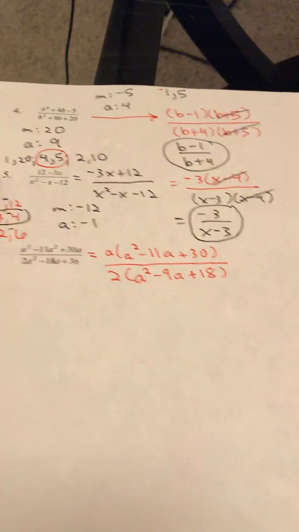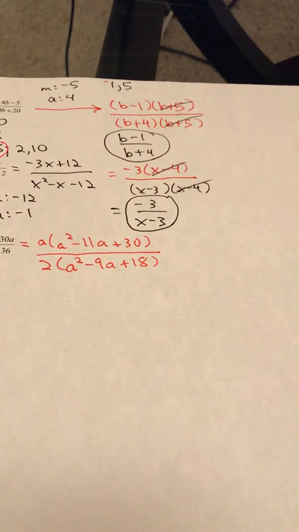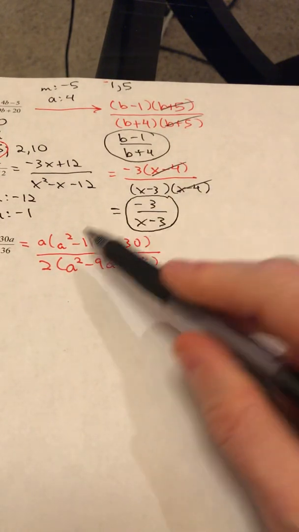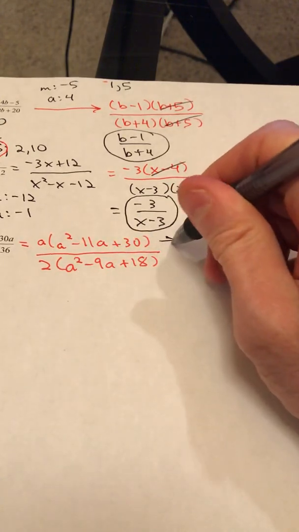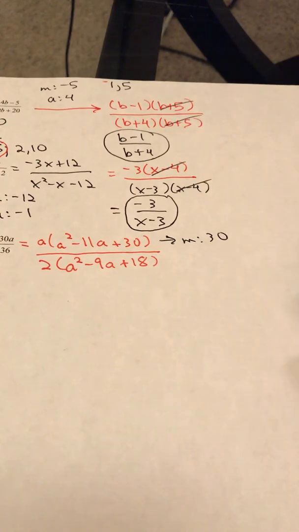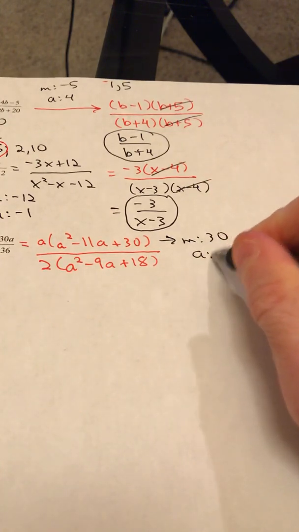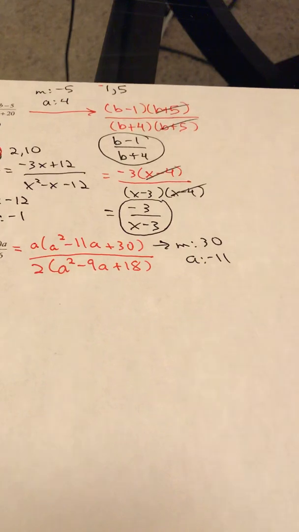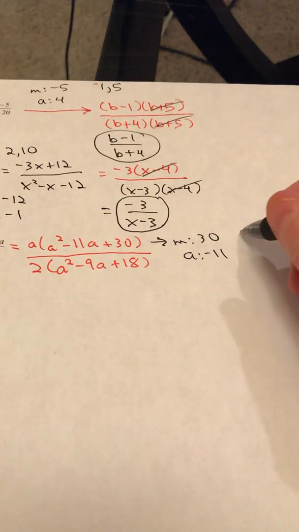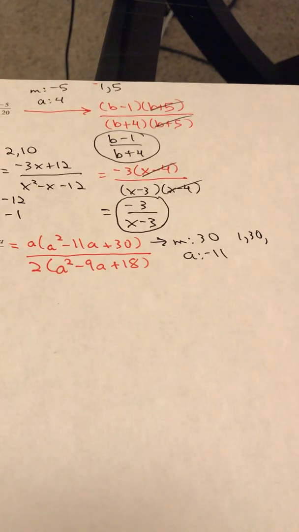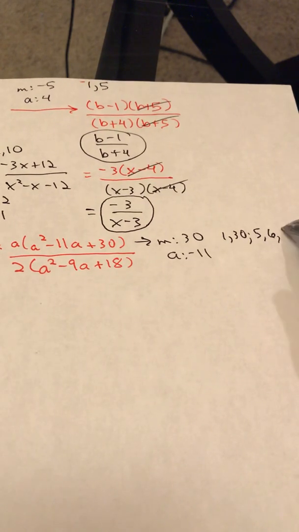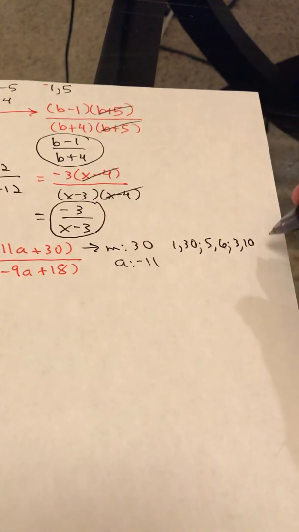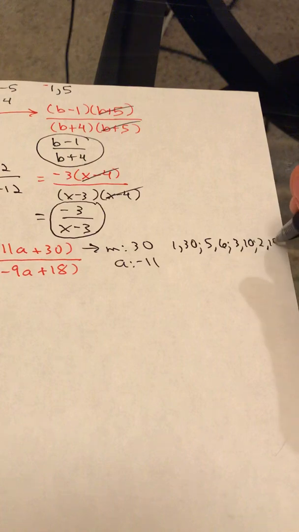Now, we are going to be able to factor this. So, I'm going to work with just the parenthesis. For the top, what multiplies to 30 and adds to -11. It's actually going to have a combination we haven't seen yet. 1 and 30, 5 and 6, 3 and 10, or 2 and 15.